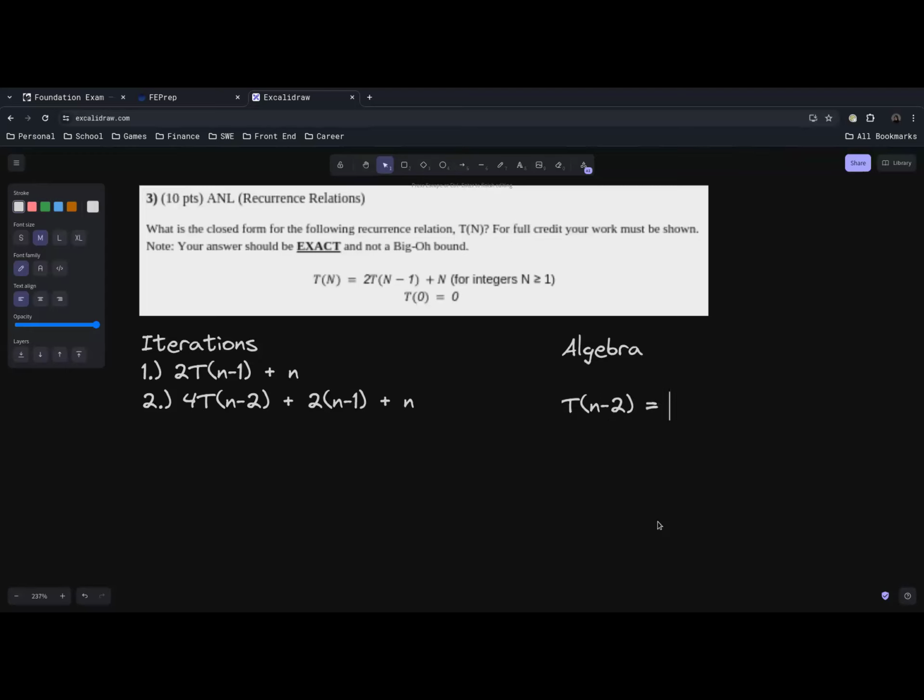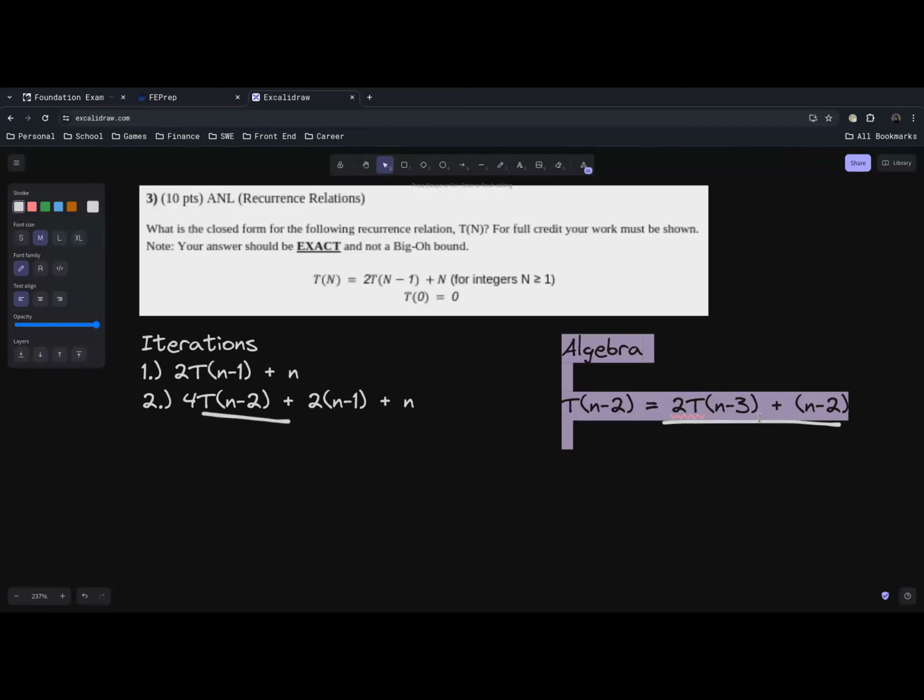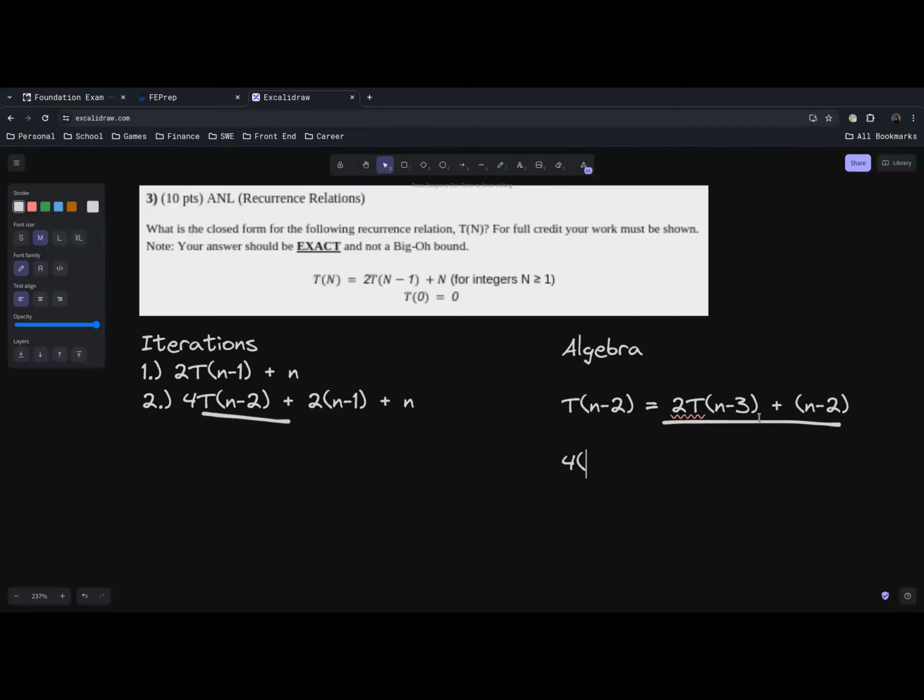That is going to equal 2T(n-2-1), which is n-3, plus (n-2), because that's what we're inputting here. We then grab this formula and plug it in. So it is now 4 times [2T(n-3) plus (n-2)], plus 2(n-1) plus n.